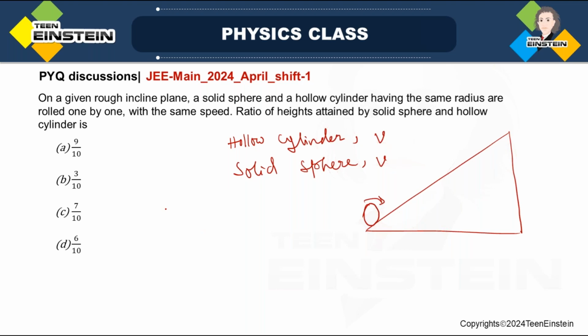So in this case, if it is the translational motion, what you would have done, the total kinetic energy. This is energy conservation. From energy conservation, we can actually solve this problem.